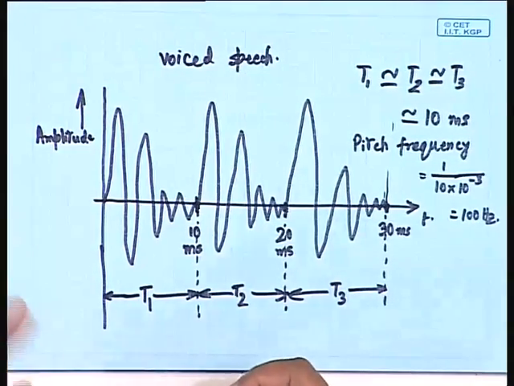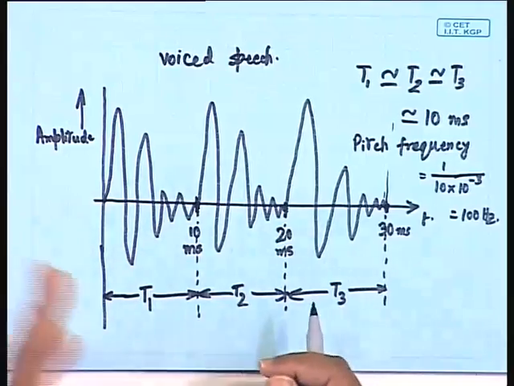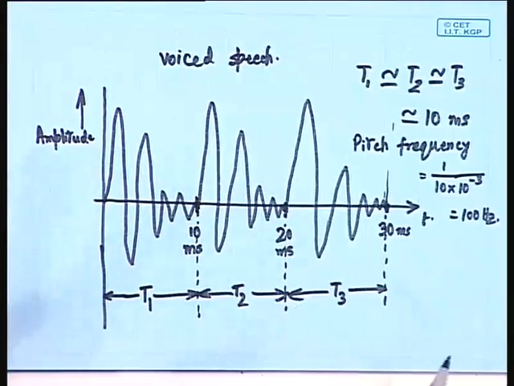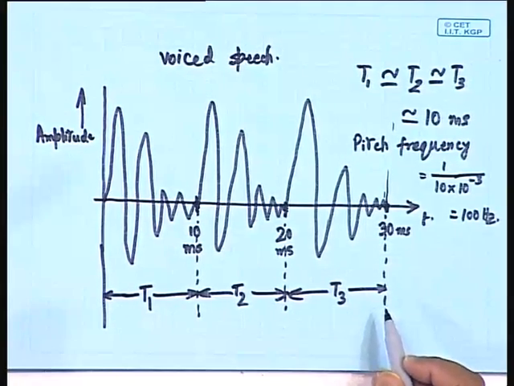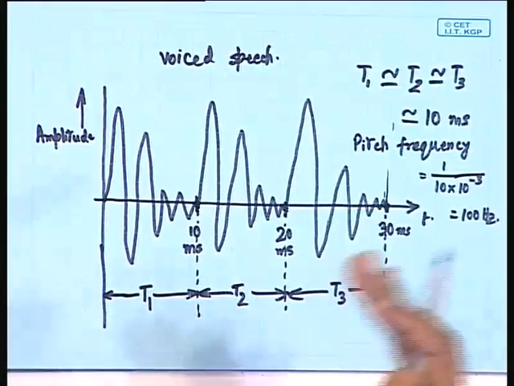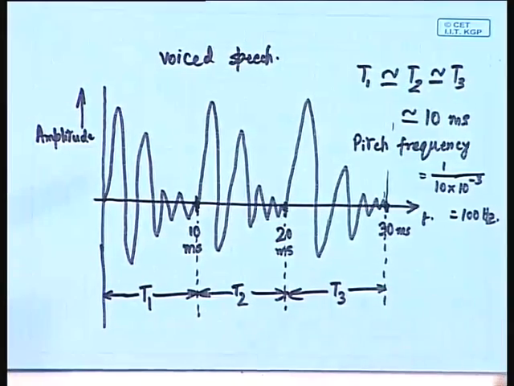Typically, the pitch frequencies are of that order. It may be 80 hertz, 100 hertz, 120 hertz, 150 hertz, somewhere in this range we will have the pitch frequency. Within the quasi periodic time interval, like in this case 30 milliseconds, we are observing 3 complete quasi periodic cycles of speech sound.